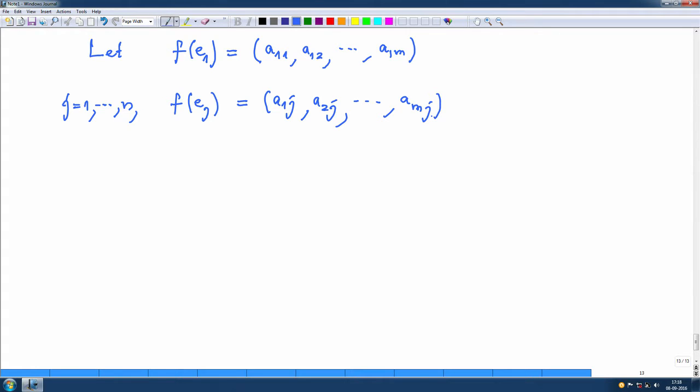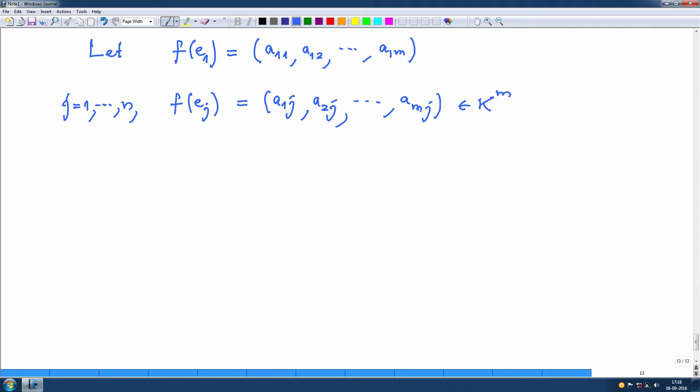They are m tuples, they should be in k power m, and they depend on j. This has m entries, m components, because they are in k power m. Okay.